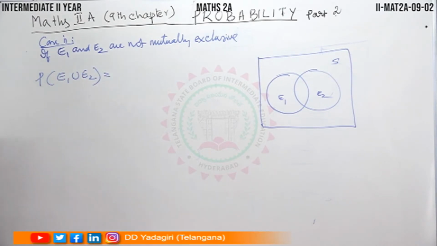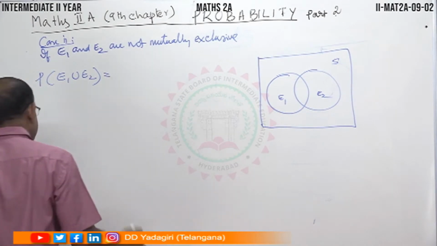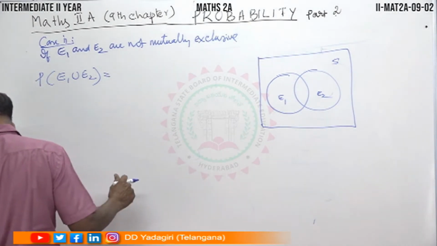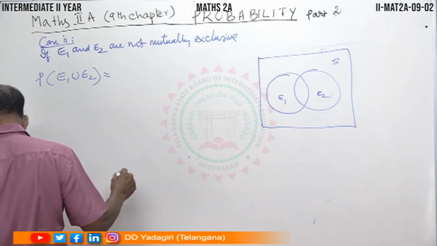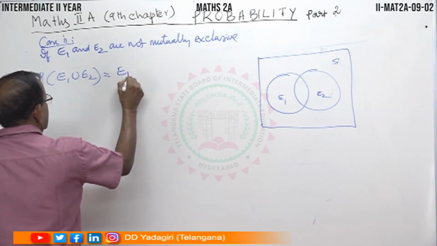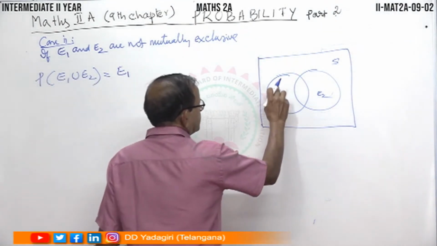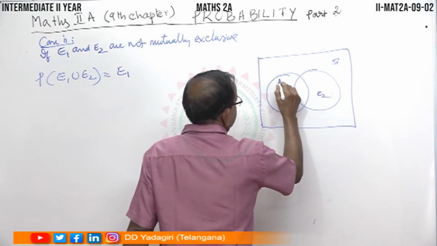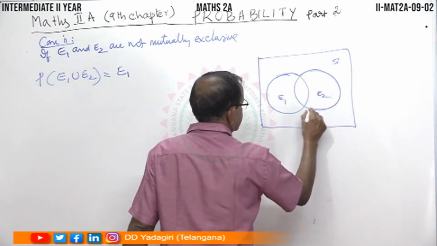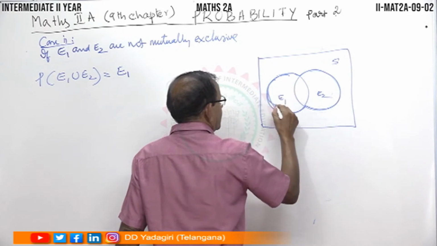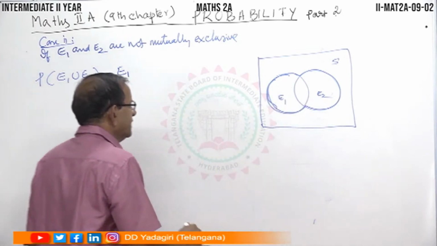The union of these two sets means this whole thing.